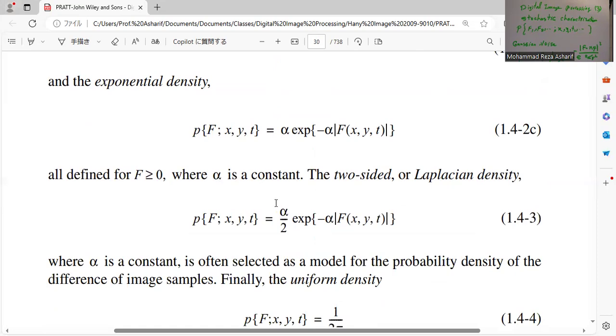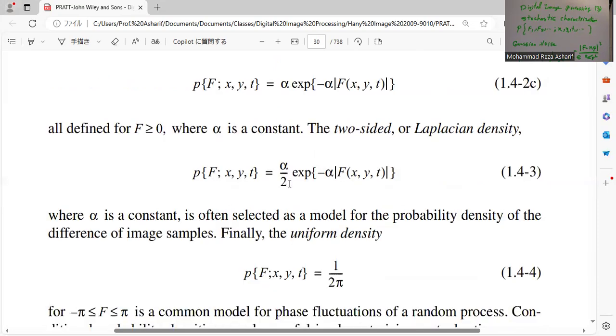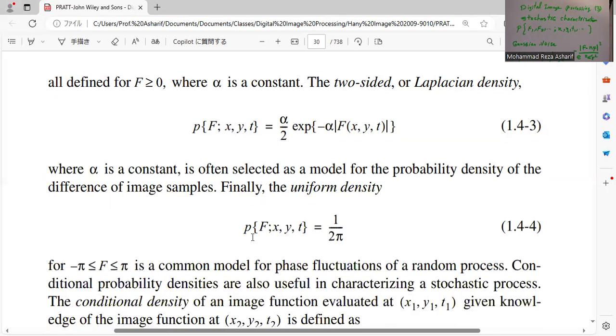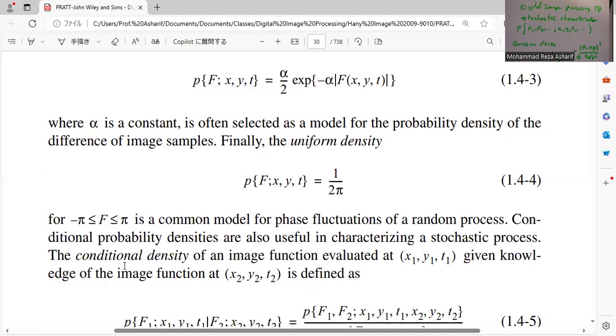The Laplace density is alpha over 2 exponential minus alpha |f|, where alpha is a constant, selected as a model of the probability density of the difference of the image samples. Finally, the uniform density is this one, where the probability is constant over the range minus pi to pi. This is very general, of course.